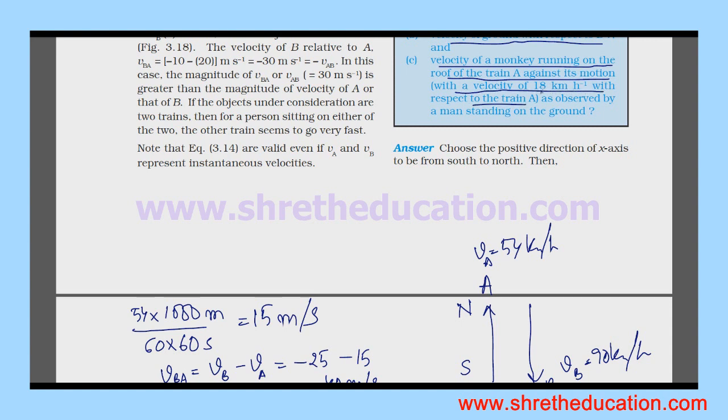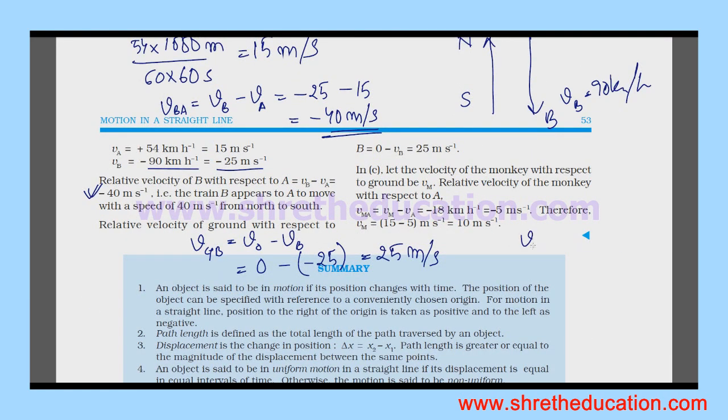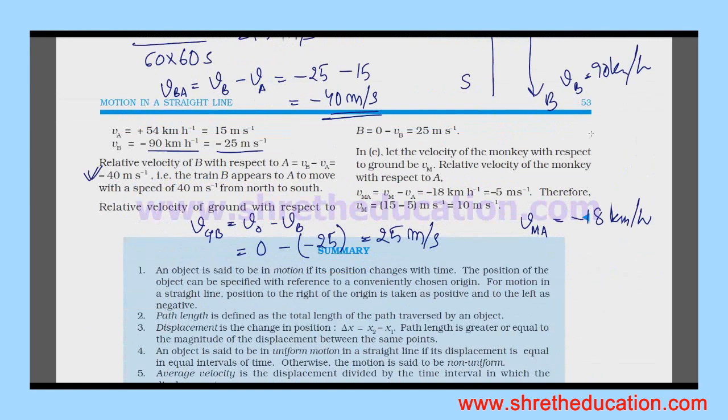Velocity of monkey with respect to train is minus 18 km per hour, since it is against the motion. What is the velocity of the monkey as observed by a man standing on the ground?